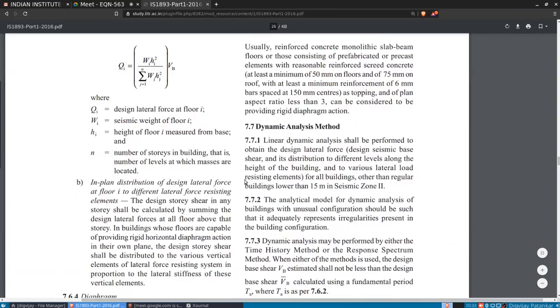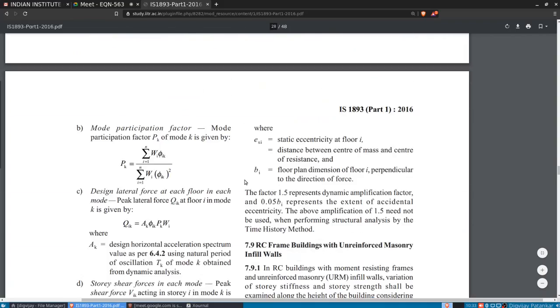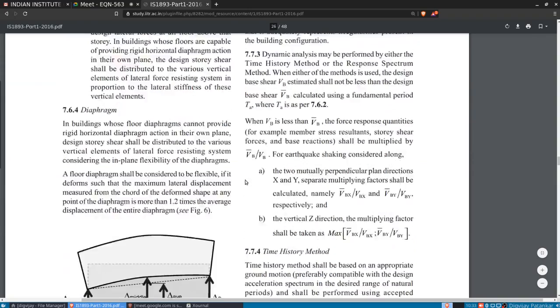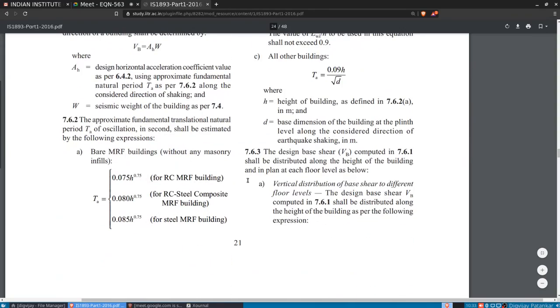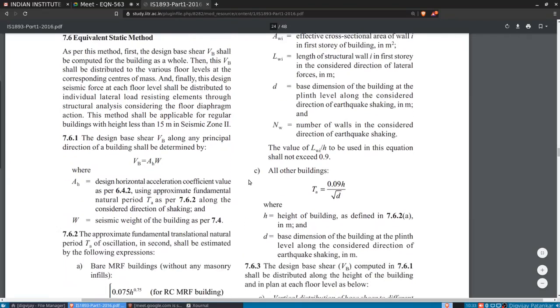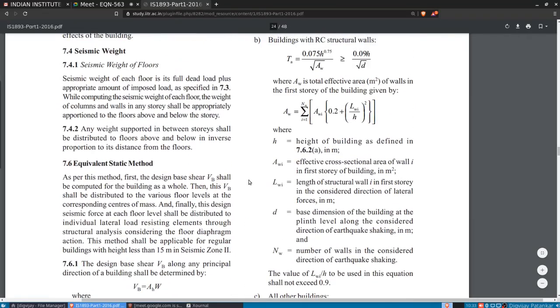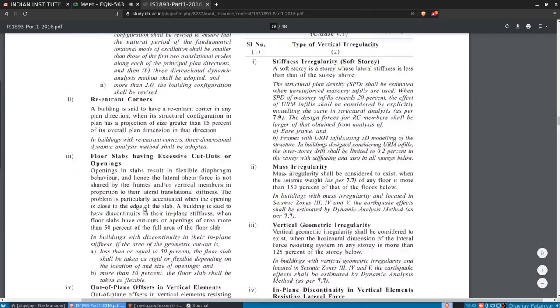And then only one last thing remaining, Sa by g. Where is it? Okay, as I told, this Sa by g, let me go back there.